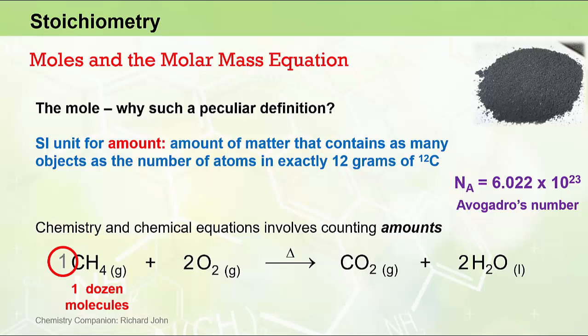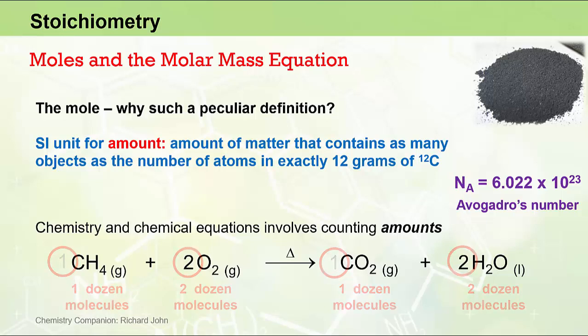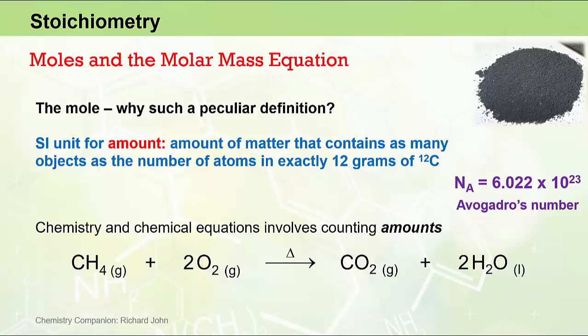But if we had 12 methane molecules, we are going to require 24 oxygen molecules to react with them, and that will produce 12 molecules of carbon dioxide and 24 molecules of water. But again, it's unlikely that we're going to be starting with just 12 molecules. What we're more likely to start with is the number of molecules of the order of a mole.